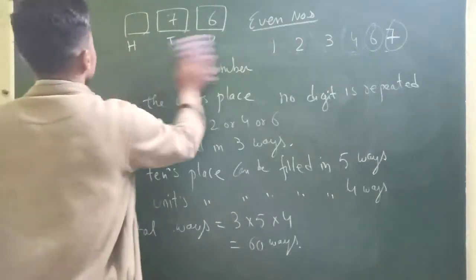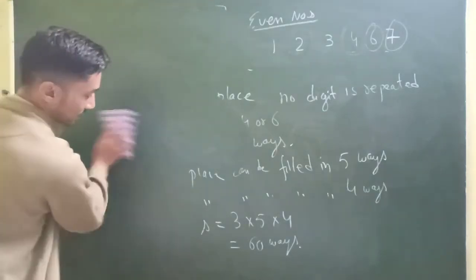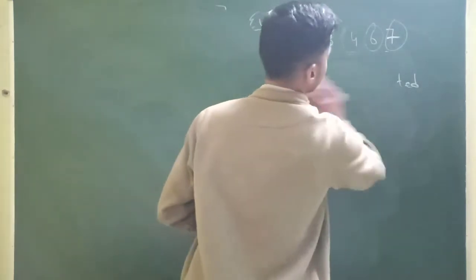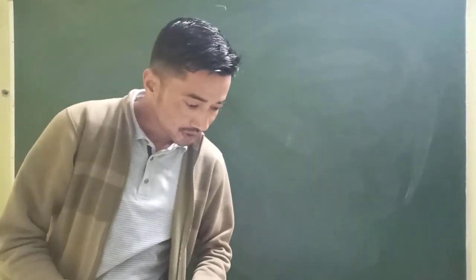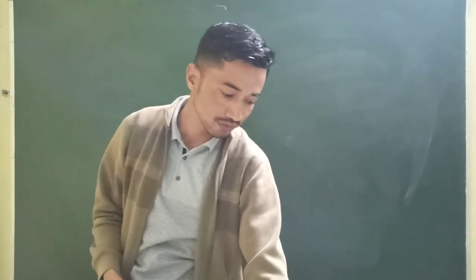Okay. Let's go to question number 4. Let's quickly solve question number 4. Okay, let's be quick. Find the number of 4-digit numbers that can be formed by using the digits 1, 2, 3, 4, 5.